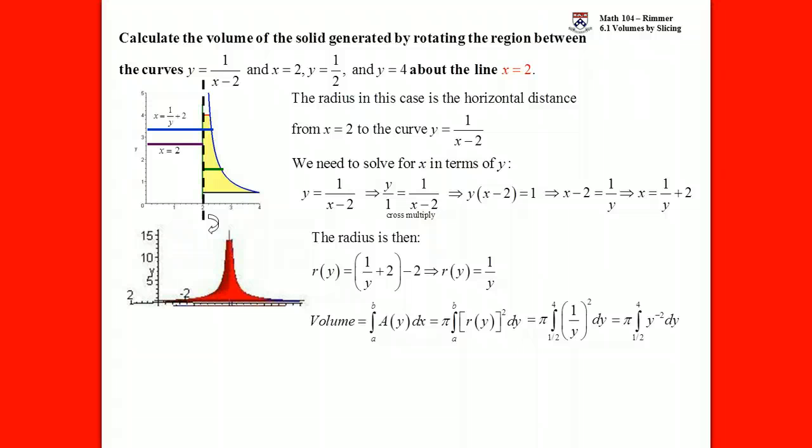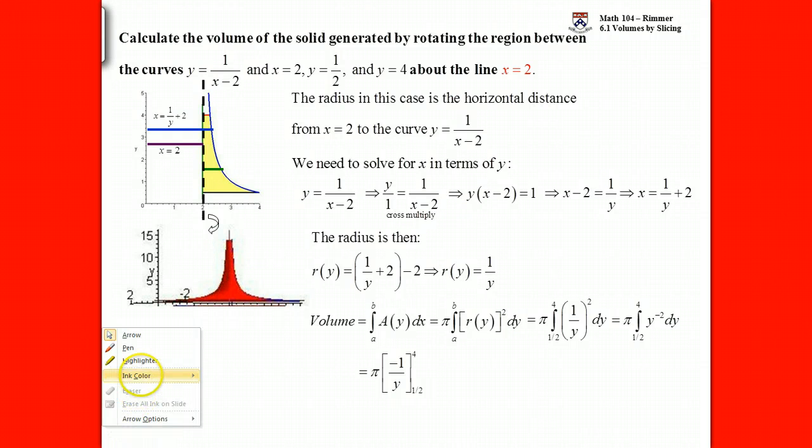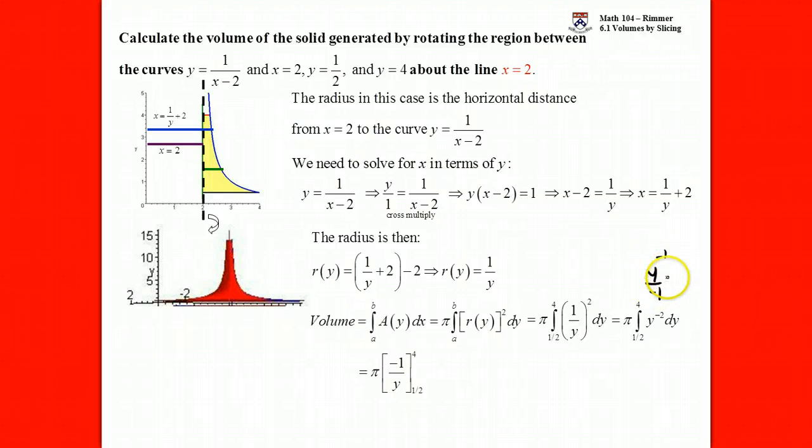We can treat it as y to the negative 2 and use the power rule in reverse on it. It's y to the negative 1 over negative 1. And so when you get y to the negative 1 over negative 1, that's the same thing as saying negative 1 over y.